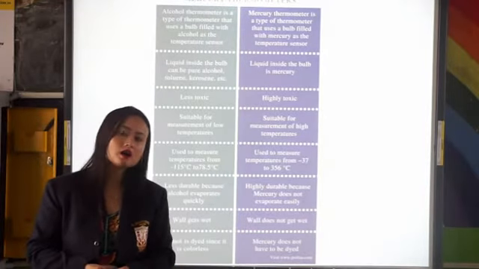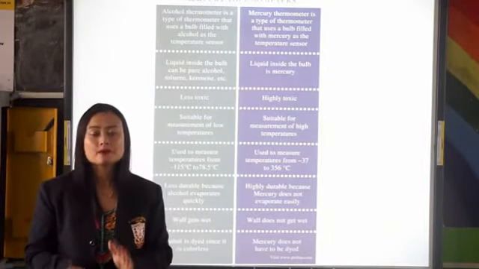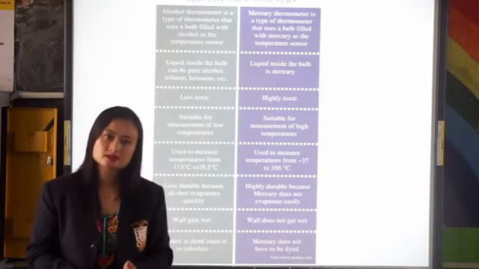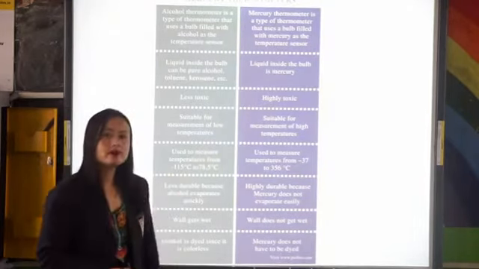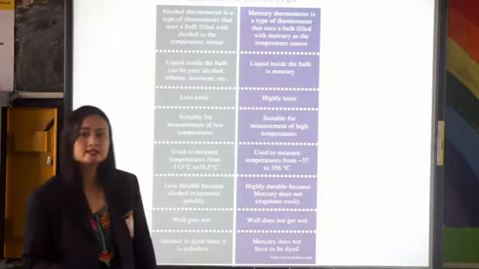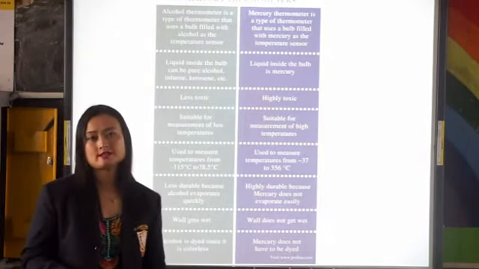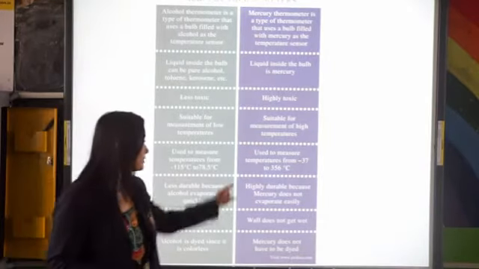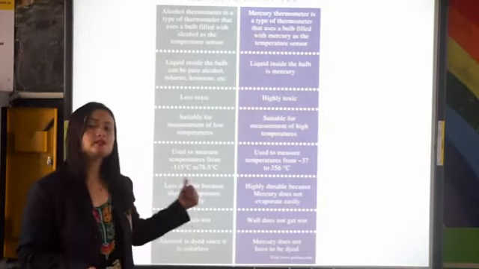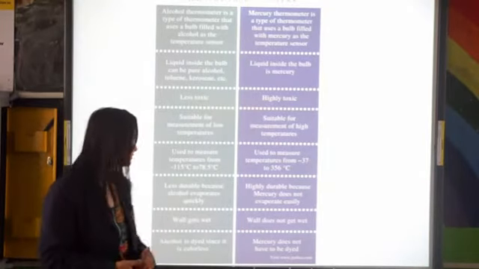Generally we see a thermometer with mercury as the thermometric substance. It is because alcohol evaporates quickly. It's a volatile substance. You know what volatile means, which vaporizes quickly. That's why mercury is preferred over alcohol.